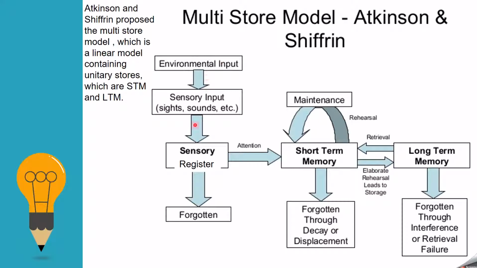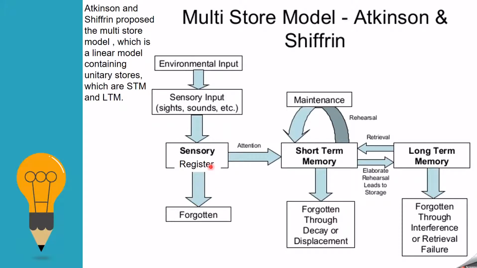So you have the sensory register, the short-term memory, and the long-term memory. What happens is you have the stimulus, the environmental input, which comes through in the form of sight, sound, taste, smell or touch, and that gets stored in the sensory register.